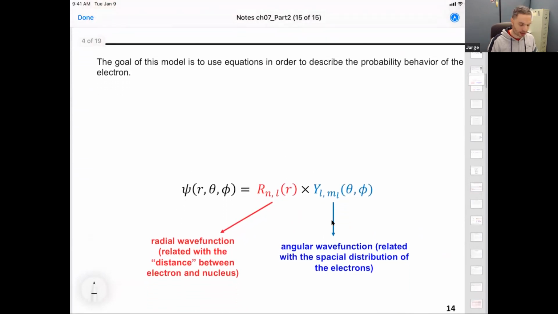Okay, and then, therefore, the goal of this model is to use equations in order to describe the probability behavior of the electron. So imagine here that we have a positive nucleus and an electron is moving in all the directions.